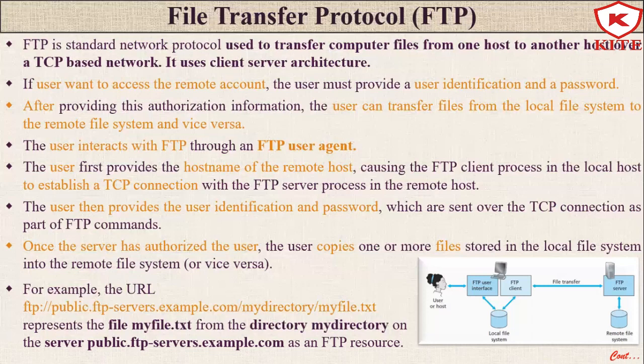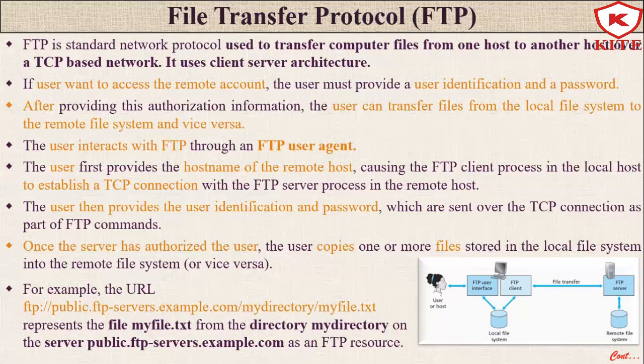Then the FTP client provides the username and password to the FTP server over the TCP connection. After providing the credentials, the FTP client can send one or more local files to the remote file system and vice versa.